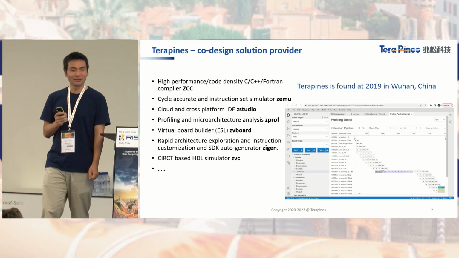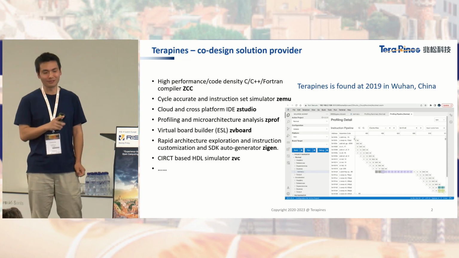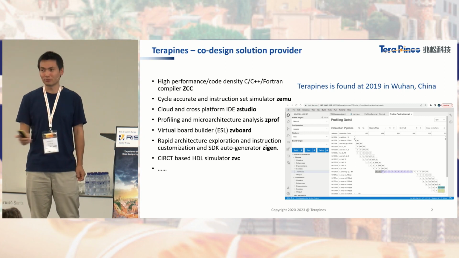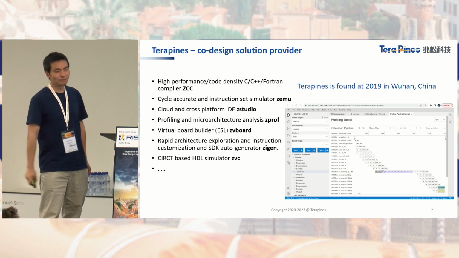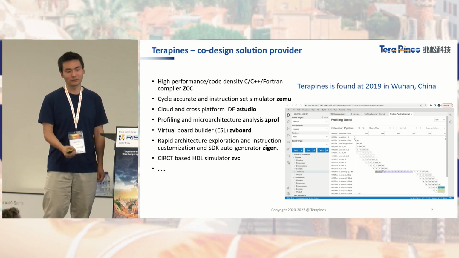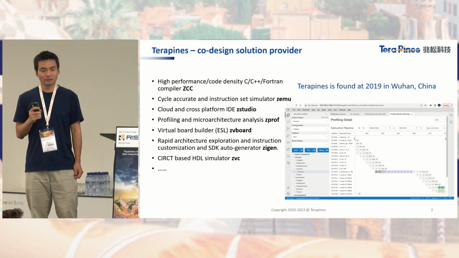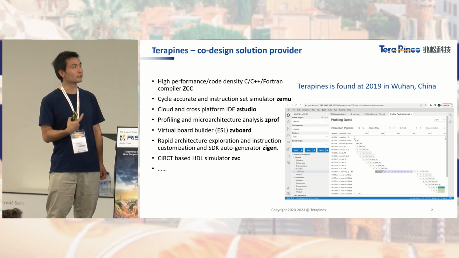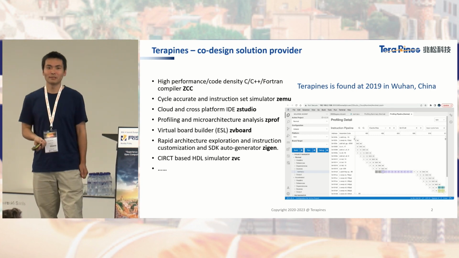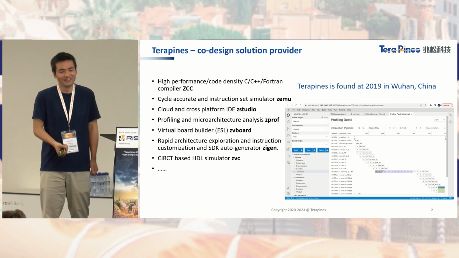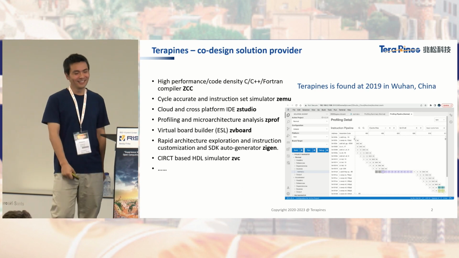Before going into the details of auto-vectorization, let me introduce our company. Basically, Terapines is a co-design solution provider. Our company was founded at the end of 2019 in Wuhan, just before the pandemic lockdown, so quite lucky.